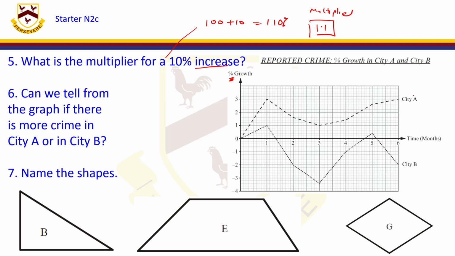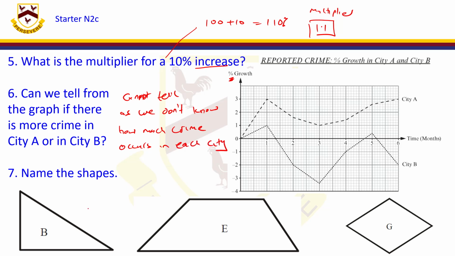So we don't know how many people are in city A or in city B, so we cannot tell, as we don't know how much crime in each city.